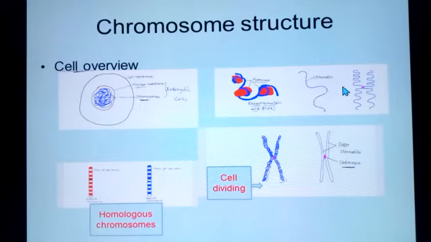Therefore, if you look at the structure where my cursor is here, you realize that there are two long coiled thread-like strands, and these strands are what we call the chromatin fibers. Now, when they are bound together at the centromere, then we refer to them as the chromosome.